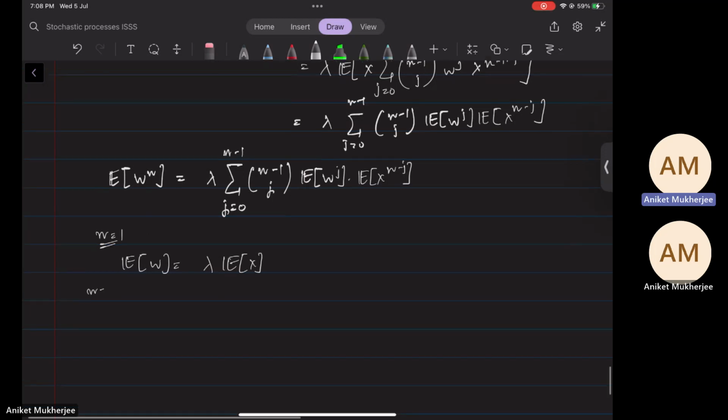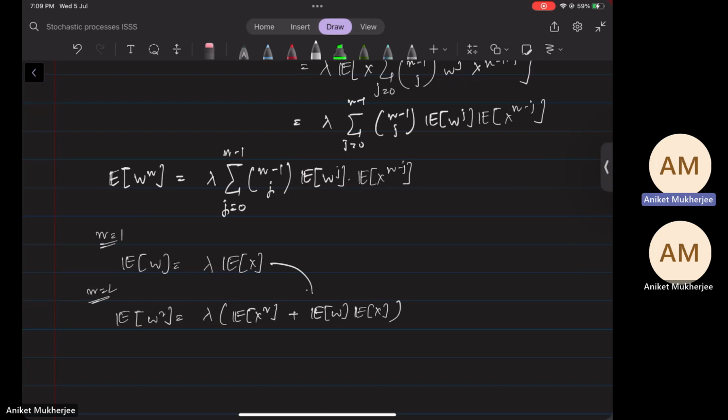Now for n equal to 2, we'll have expectation of w square, which is lambda into expectation of x square plus expectation of w into expectation of x.